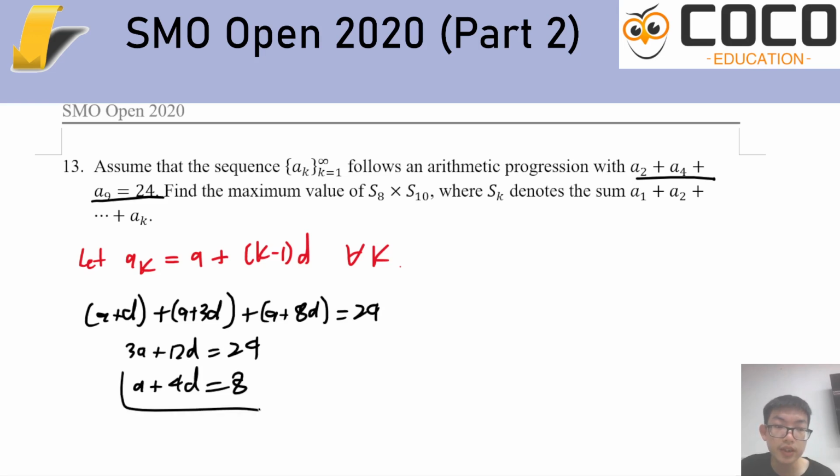So this is a given. In fact, it's the only given constraint. It doesn't even tell me that the terms are positive or that the terms are integers, so I know nothing else other than this.